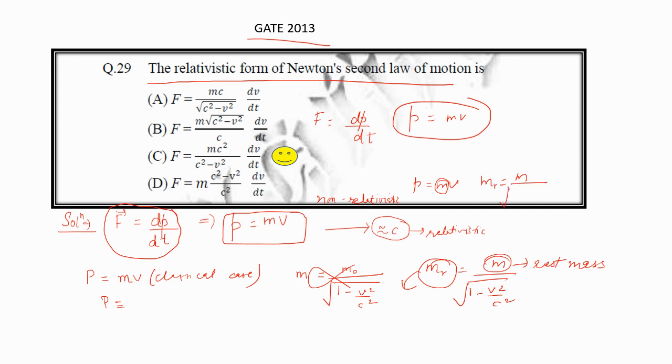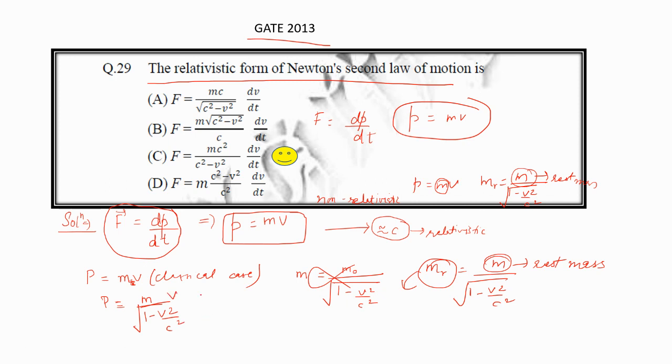So this is equal to m upon under root 1 minus v square by c square. You know this formula, and this m is rest mass, right? Now if you apply it here, p is m upon under root 1 minus v square by c square times v.